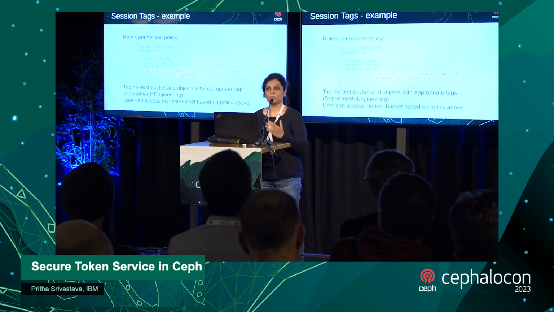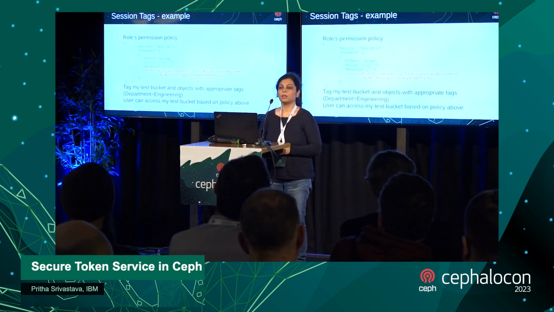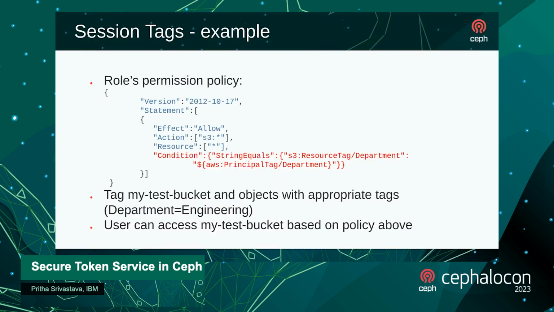Next, we have the role's permission policy, which says that the resource tag department must match with the principal tag department value. Now, all the tags that are there in the session or in the web token get converted into principal tags in the temporary credentials.